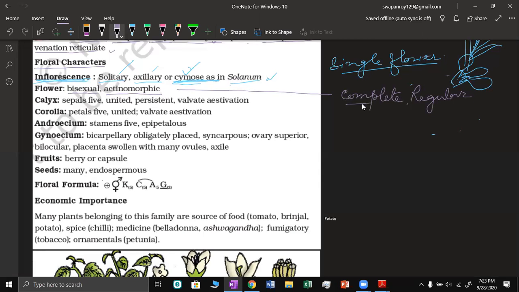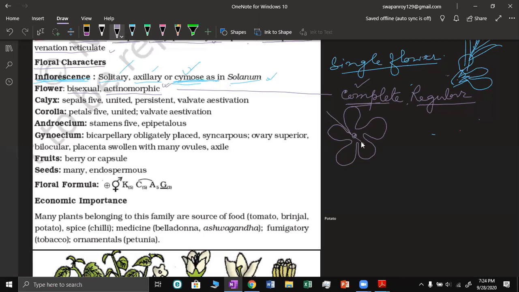A complete flower, remember, is one having all the floral parts: calyx, corolla, androecium, gynoecium, all are present. So you can add here, along with this, complete, regular flower, bisexual, it has androecium and gynoecium, it is actinomorphic, and actinomorphic means that the flower has radial symmetry.